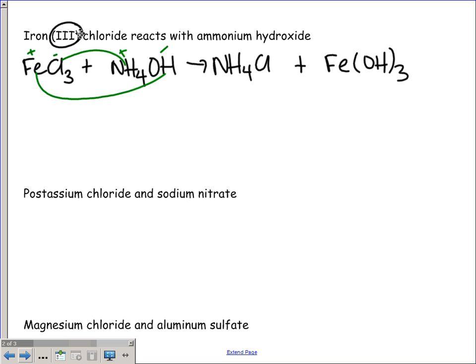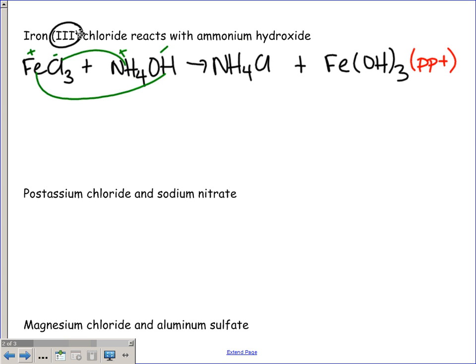Before we balance, let's check our solubility rules to determine what's going to form our solid. So all chlorides, bromides, and iodides, except silver, lead, or mercury, are soluble. That's in the first column, second bullet. Now let's find hydroxides. All hydroxides except group 1, strontium, barium, and ammonium are insoluble, which means that this iron hydroxide is going to be my solid, or my precipitate.